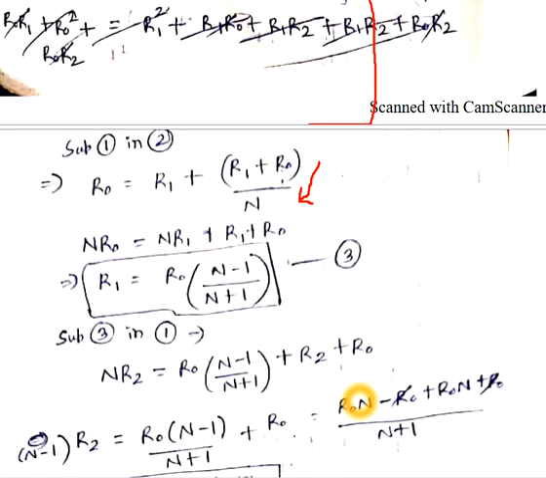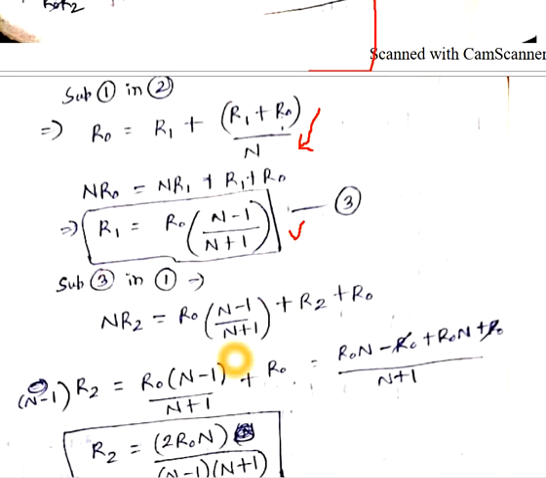Then when you cross multiply, you will get this relationship from which you can get the R1 value. What is R1? It is in terms of R0 and capital N. As I said, you will be given these values, capital N and R0. Otherwise, from the given attenuation, you can determine capital N, and then you can design the value of resistance R1.